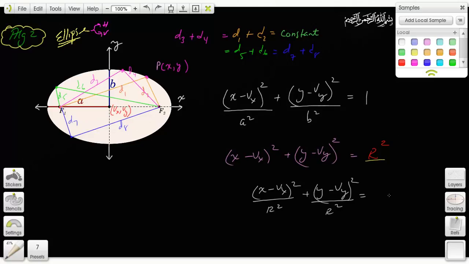Okay, and that's basically identical to the ellipse, except a and b are the same. In other words, the major and minor axes for the circle are equal, and that's why it's a circle. So a circle is a special form of an ellipse, as you can easily extrapolate from your understanding, right?